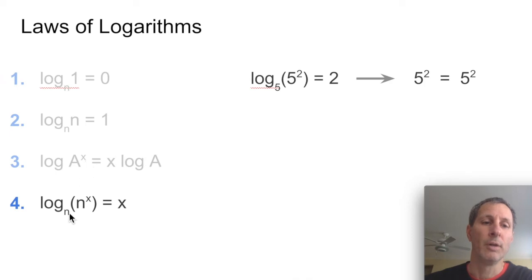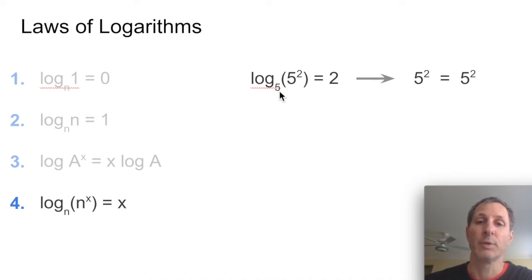Number 4, log base n of n to the x equals x. If we think about this, we want to rewrite it in exponential format, right? n to the x power equals n to the x. This is the result, this is the base, this is the exponent.